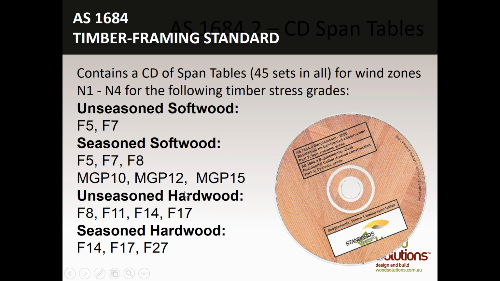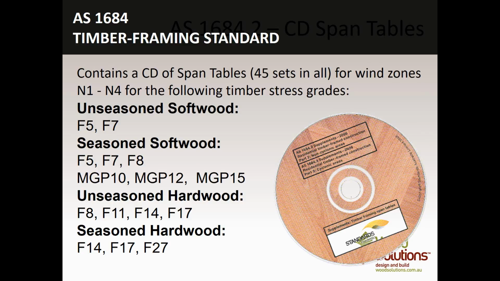Those span tables are provided for all the different strengths of timber for the different wind scenarios. So you'll have a timber span table. By and large, the most common span tables you'll ever refer to are for MGP10.